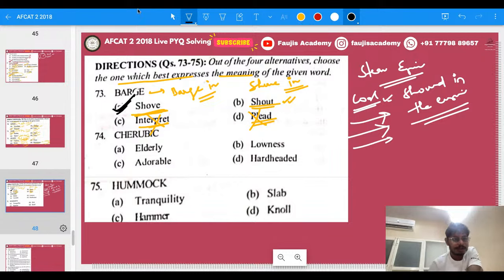The next one, 74, is cherubic. What is cherubic?